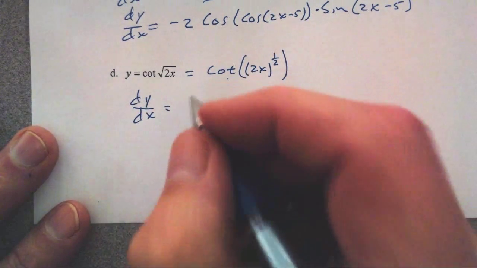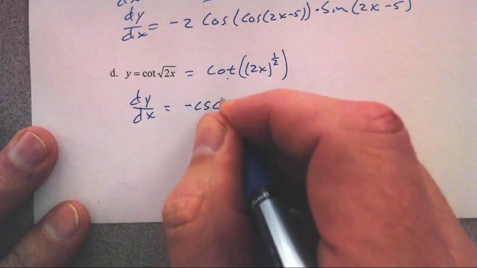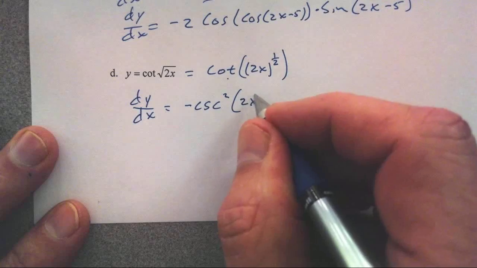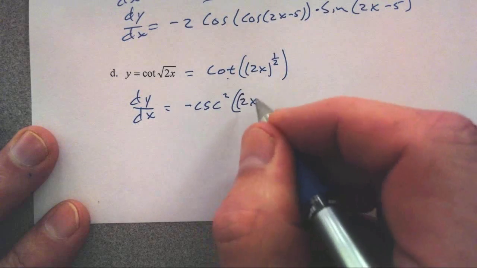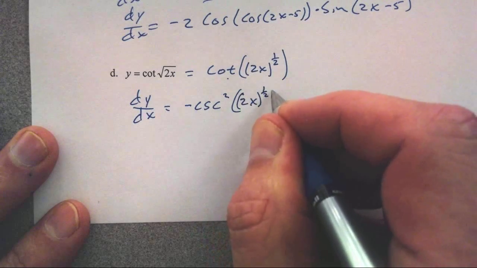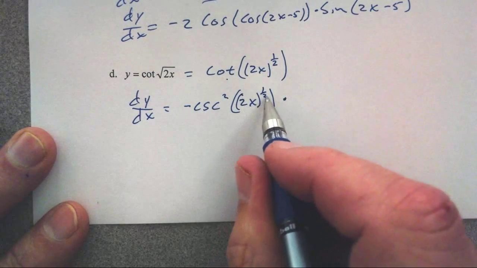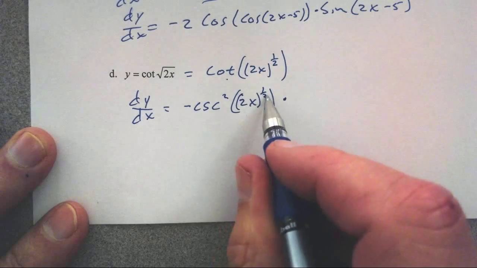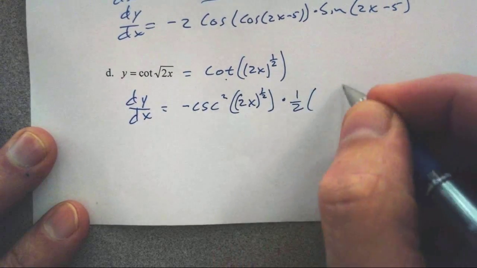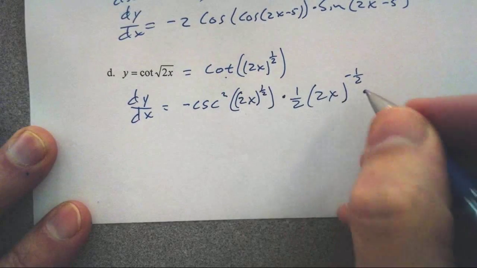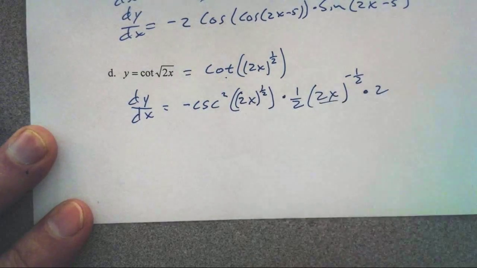So the derivative of cotangent, negative cosecant squared of, leave the baby alone, treat the baby. Well, the baby has an outside function, something to the 1/2, so that is 1/2 something to the negative 1/2. So leave the baby alone. When the baby's born, treat the baby times 2.